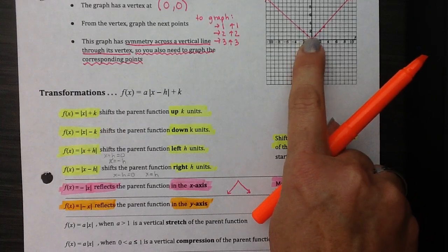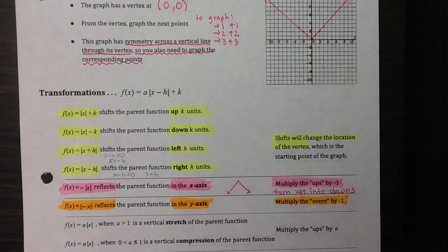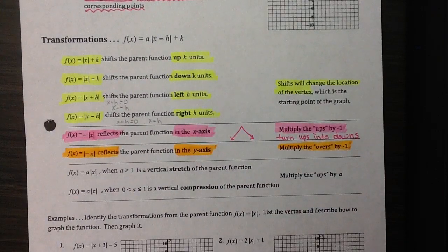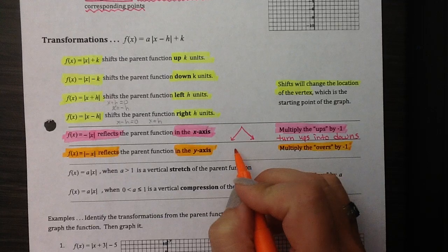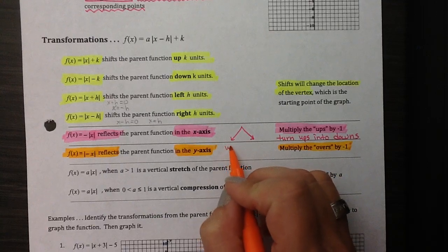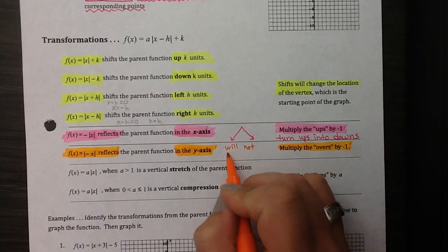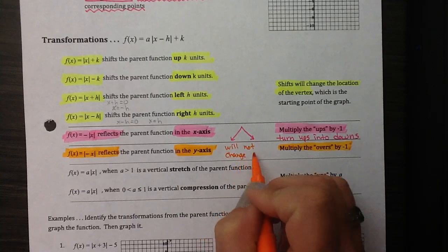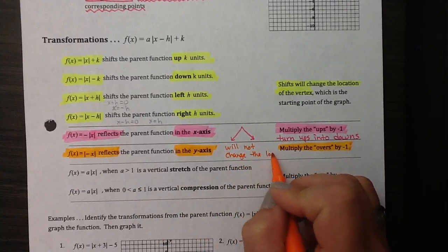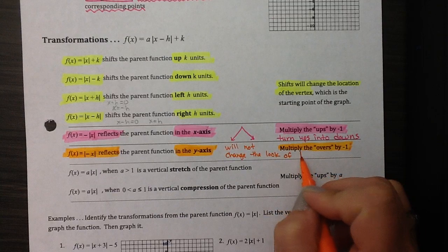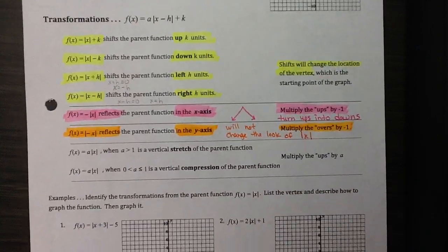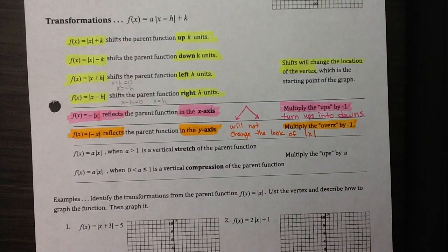But then remember, because of the symmetry, I'm going to also do the other points. So reflecting over the y-axis does not change the absolute value shape. That one will look the same. We still need to say, oh hey, we're reflecting across the y-axis, but it won't change the way the graph looks.